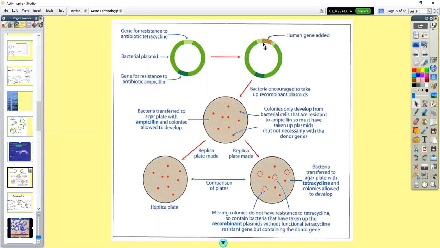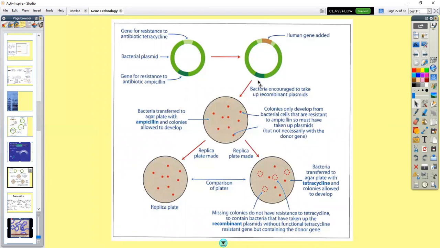Okay, so what we can do there is put these colonies, which are these bacteria which have these plasmids, onto a petri dish which contains ampicillin. So you let those colonies grow. So you have a certain pattern of colonies growing which contain the ampicillin resistant gene.